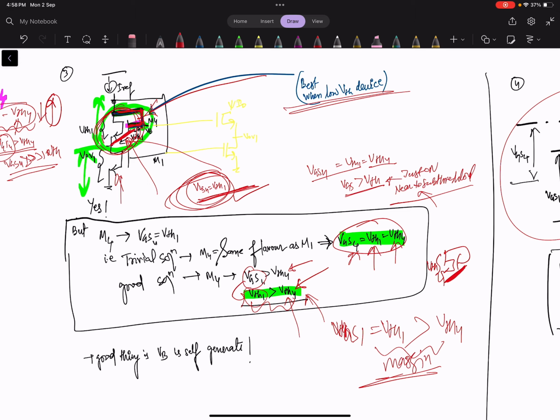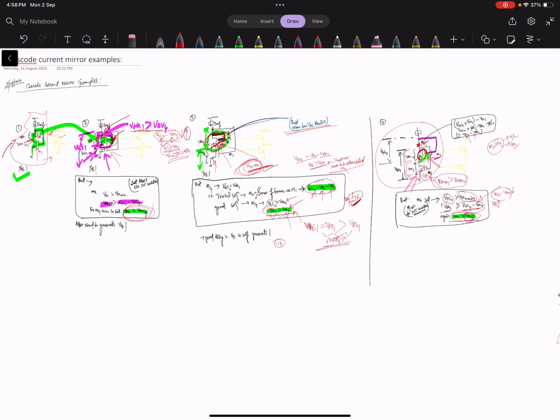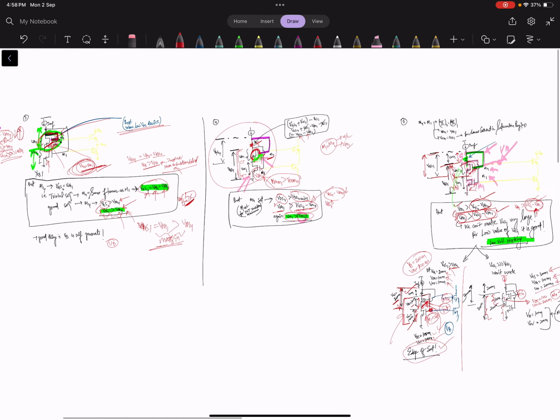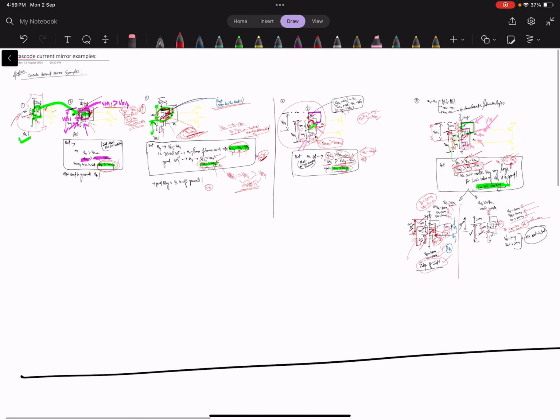But the best thing is that there is no VB requirement here. So these are some examples of the different current reference circuits to use. Okay, thank you.